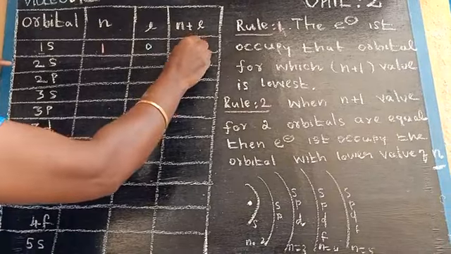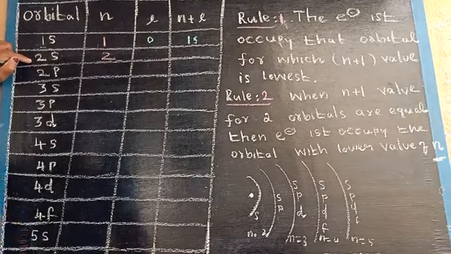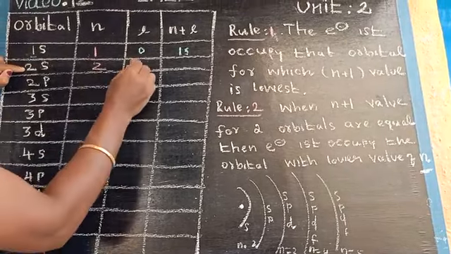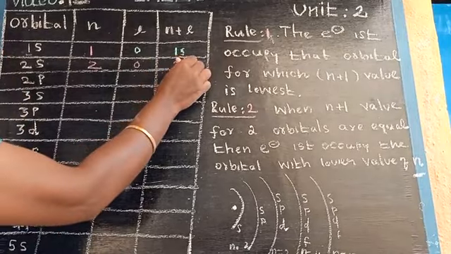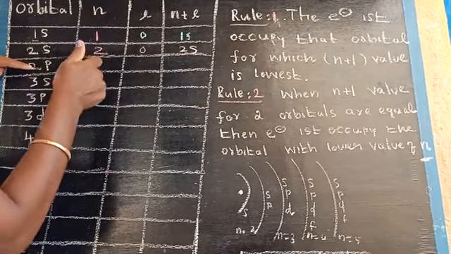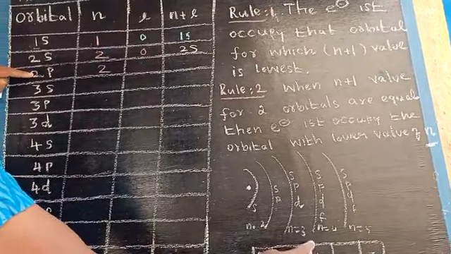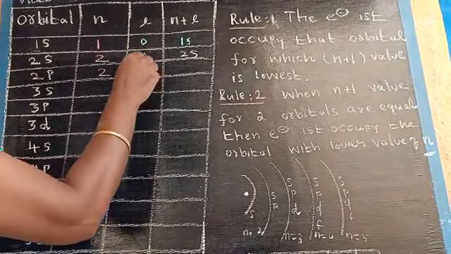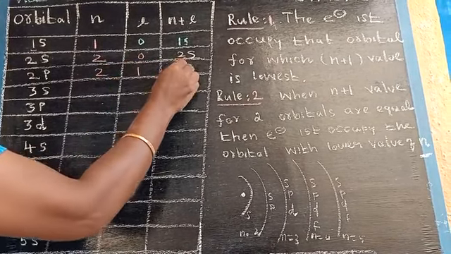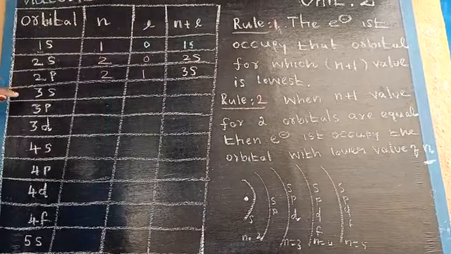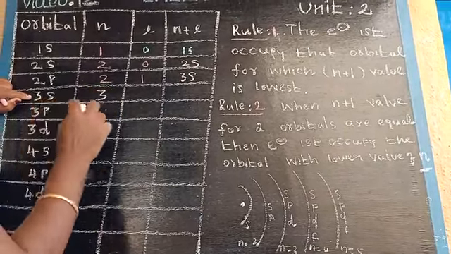Okay. So 1s orbital. Next here 2 shell. Okay. Second shell. S orbital 0. So here writing 2s. Next here 2, L value. Now p orbital. So L value 1. So n plus L value is 3. Okay. So next in 3s here write 3, s orbital 0.